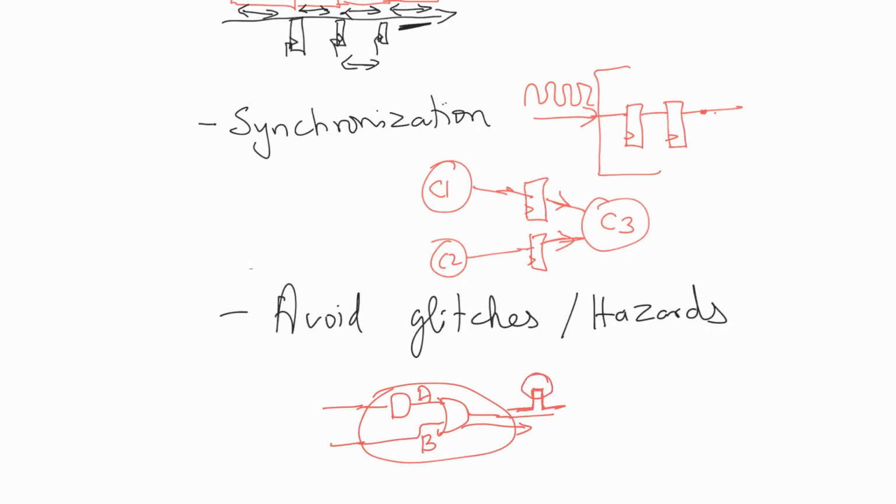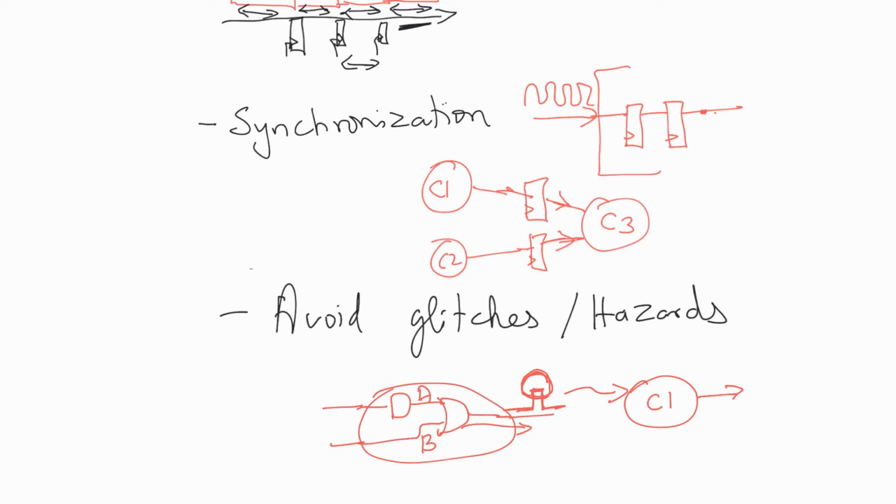This is called a glitch. And similarly, hazards. If this unwanted change at the output triggers the next logic, say for example another C1, this positive value could trigger another C1, and it could have a chain reaction.